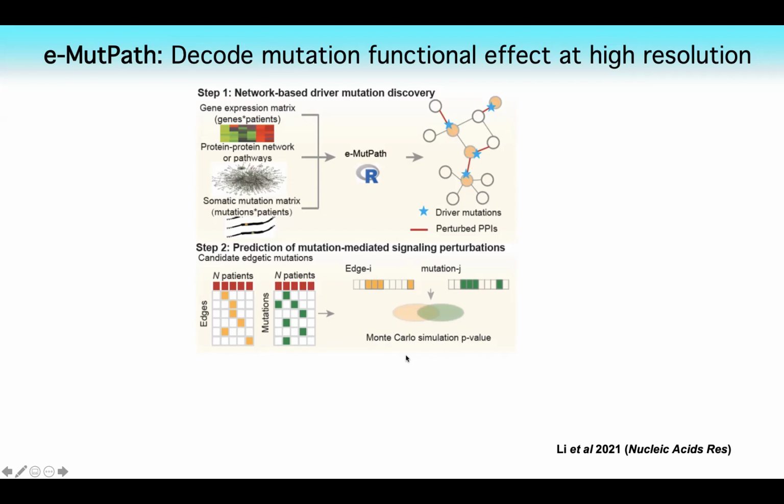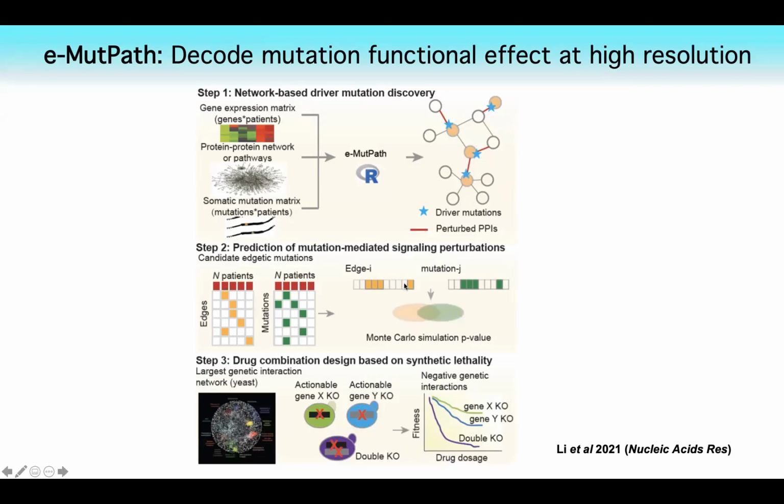By a Monte Carlo simulation, we were able to identify mutations that cause a specific change as an outlier in the whole population. In this manner, we were also able to integrate yeast genetic interaction data to identify pairs of mutations or pairs of genes that could be synthetic lethal as a prediction in a specific cancer context.